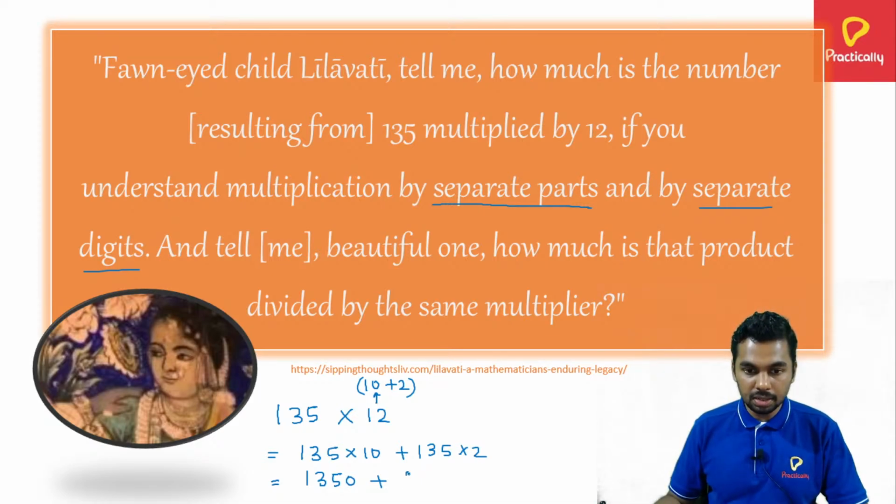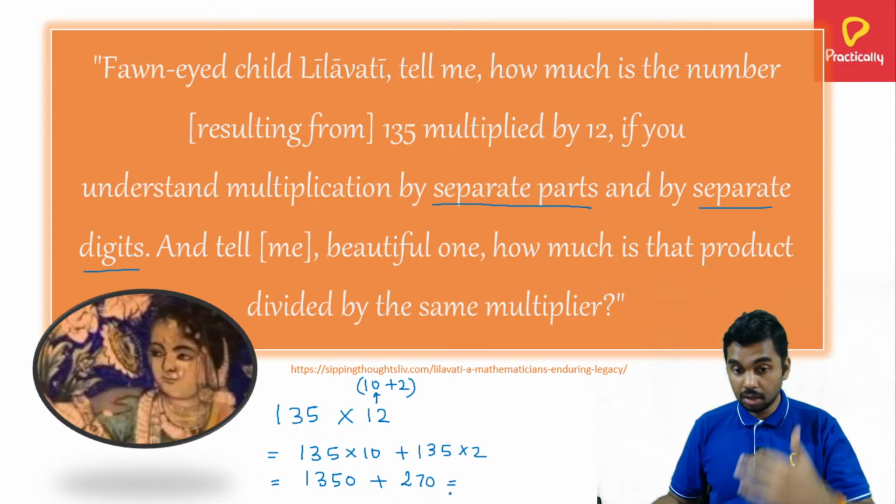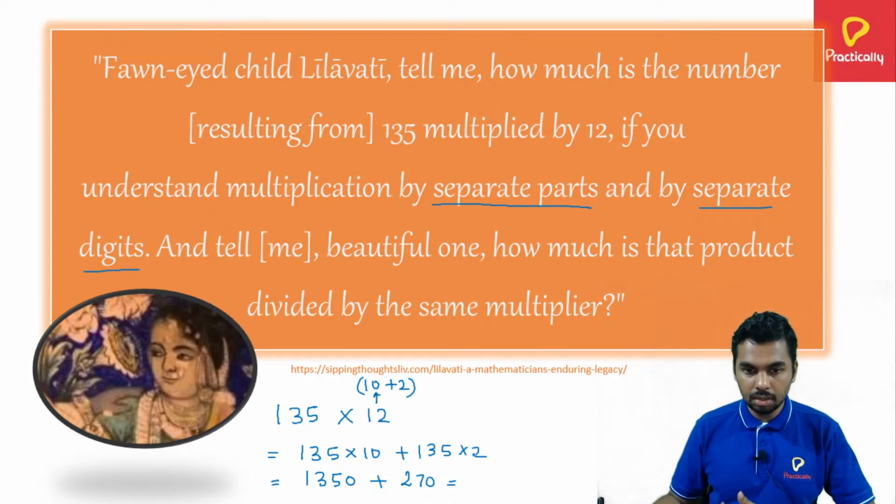So the final answer is going to be 270. Double of 135 is 270. Now you add this up. How do we add? 1350 plus 270. So 1300 plus 200 is 1500. 1500 plus 50 plus 70. So that is 1620.